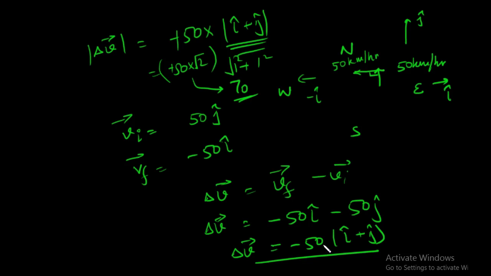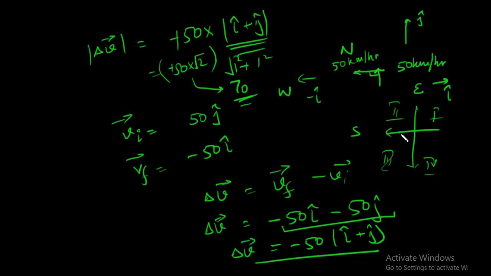So you see, in which direction is this? The direction will be given by this. Since both the coordinates here are negative, this means the direction would be in the third quadrant, because in the first quadrant both are positive, in the second only x is negative, in the third both are negative and in the fourth only y is negative.